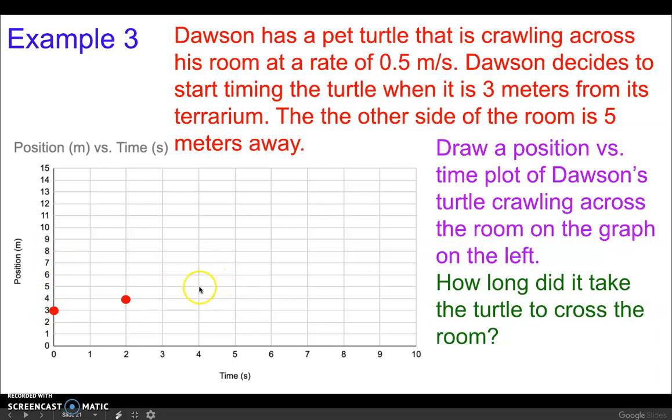So we're just going to keep plotting points, 2 over, 1 up, 2 over, 1 up, 2 over, 1 up, until we reach our final destination, which is at 8 meters. Then we'll add a best fit line. We can see that it would have taken the turtle 10 seconds to crawl this distance.